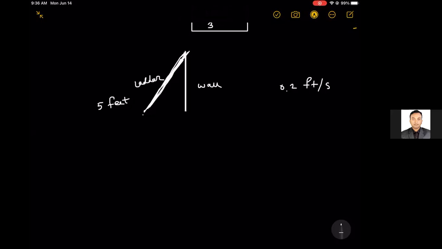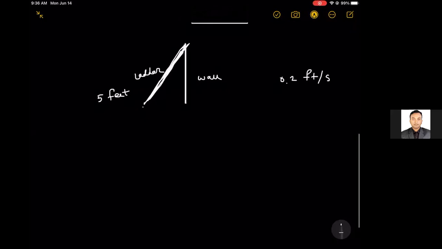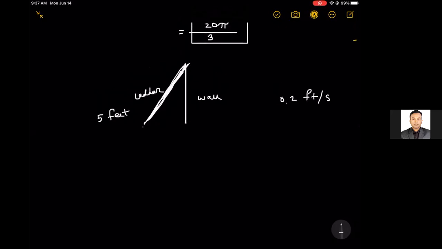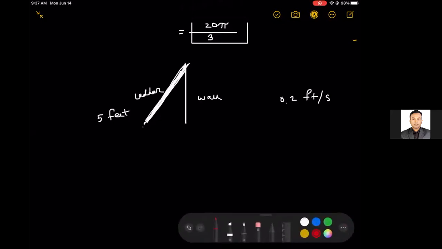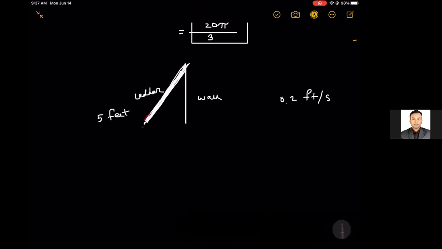Okay, now what does the question say? Let us try to visualize this. First of all, I'm starting to pull this ladder. That means this ladder is going down this way. Can you see that?